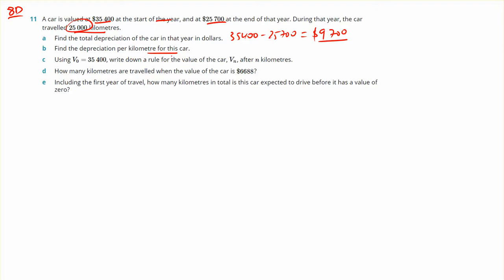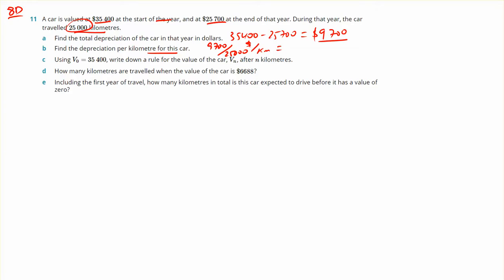So to find the unit cost, how much it actually costs per kilometer, all you need to do is divide 9,700 by 25,000 to get the cost per kilometer, because what you have at the top is the cost, and down the bottom how many kilometers you travel. So it's cost per kilometer.